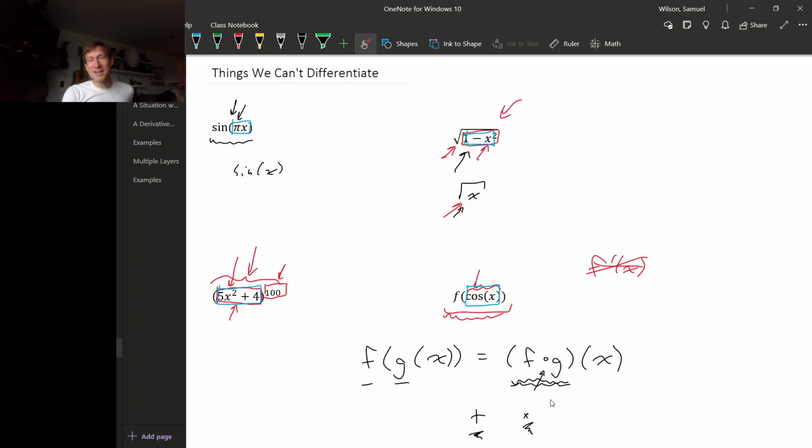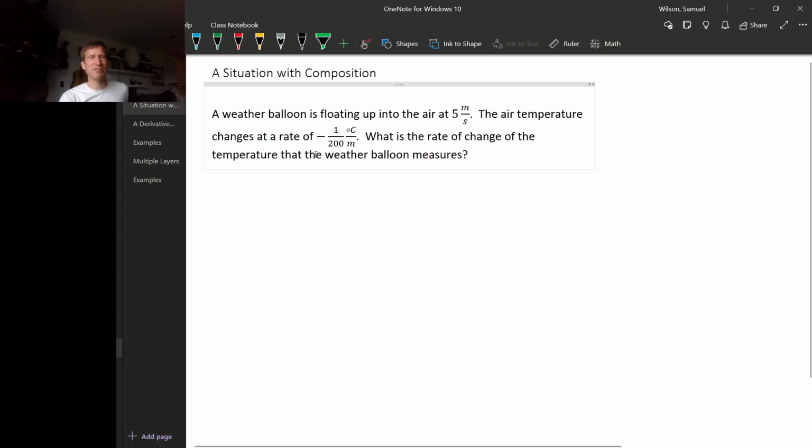So before we attempt to actually prove any sort of derivative rule for composition, let's look at an example of a situation where function composition comes up naturally, and we will intuitively ask ourselves about what the derivative of a composition would be in that situation. So here's a situation I have in mind.